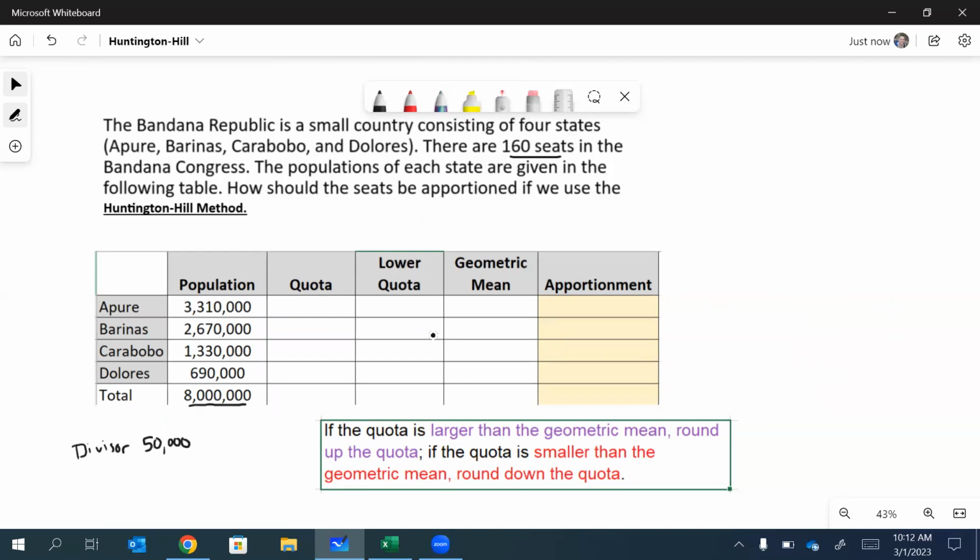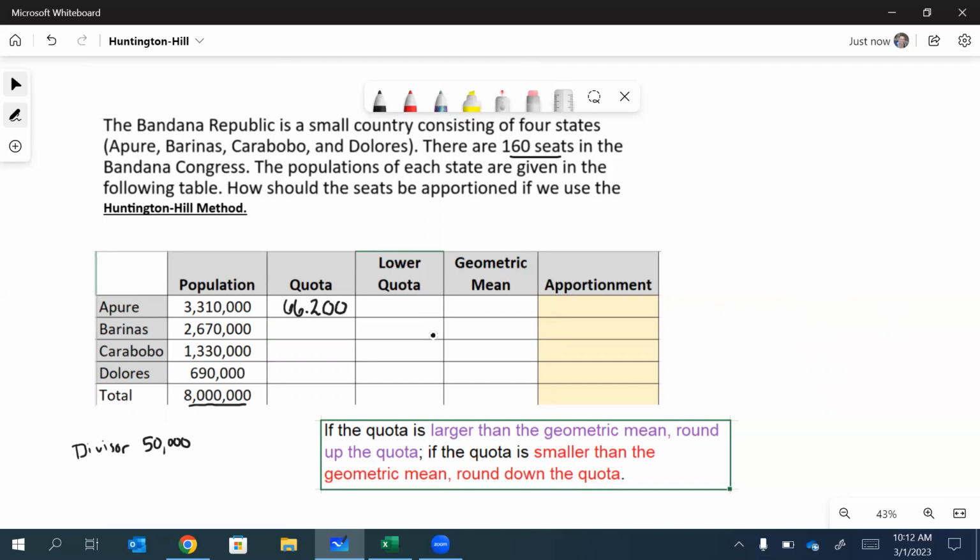Then we're going to figure out the quota for each state by taking the state population and dividing by the divisor. So the first one is 66.2. Now I'm going to do something here which will be helpful later. If it comes out to be an even decimal like this, I make it a practice to always write 3 decimal places. So if it's 0.2, I would add 2 extra zeros and just call it 0.200.